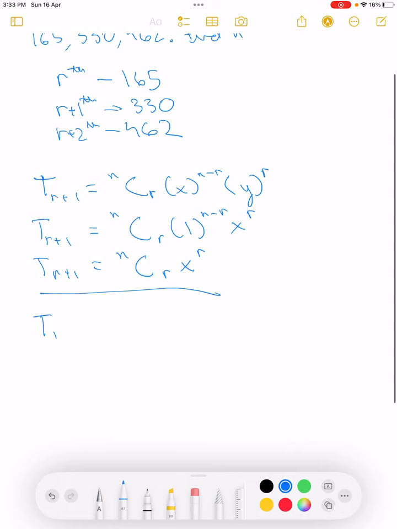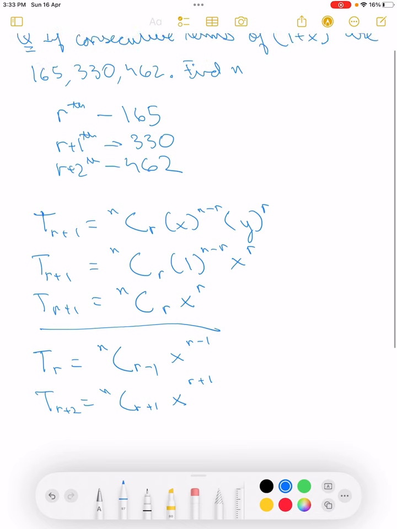So we can say that the rth term is nC(r-1) x^(r-1). Similarly, the (r+2)th term is nC(r+1) x^(r+1).